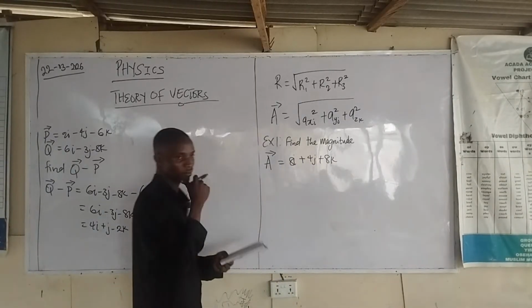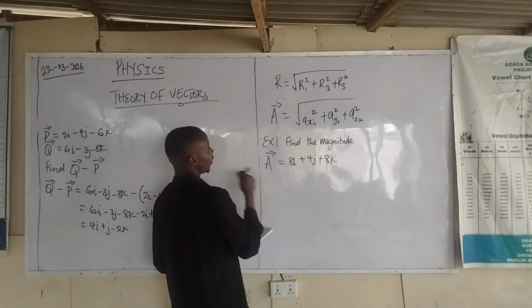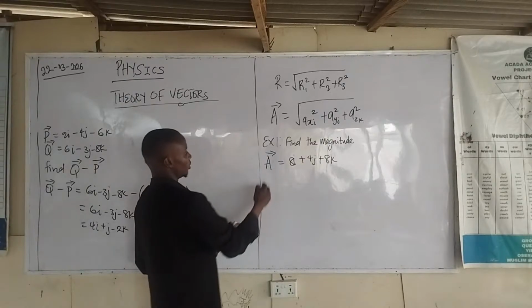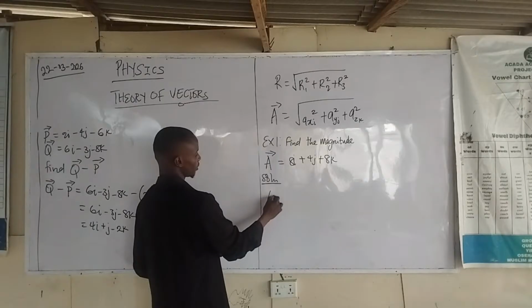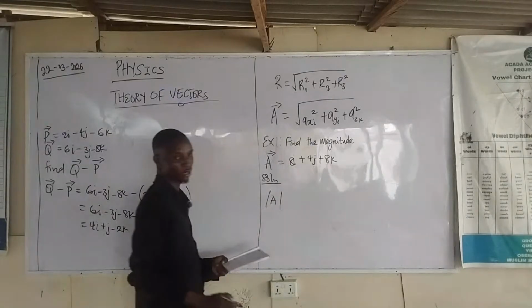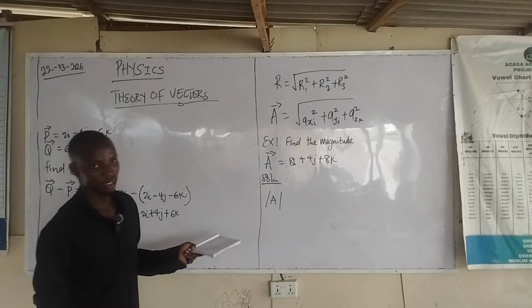So what's the answer? For magnitude, this is what we use to represent it: two lines like this.